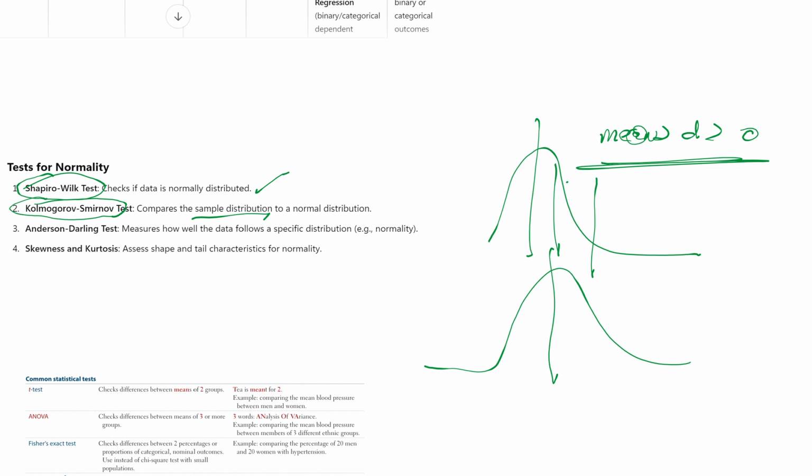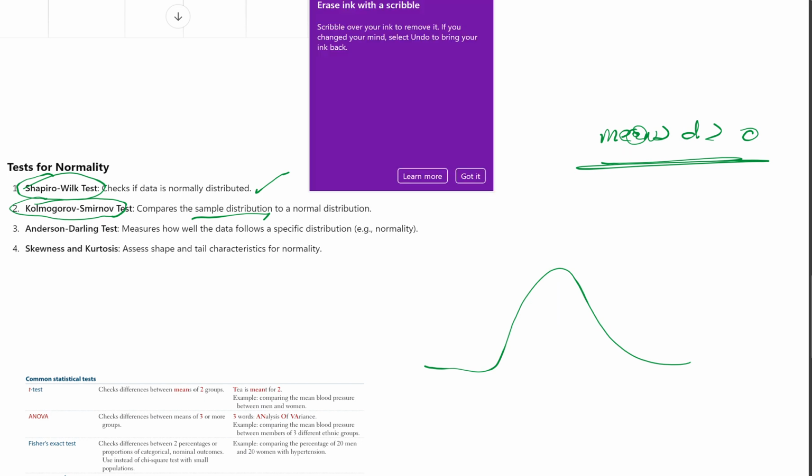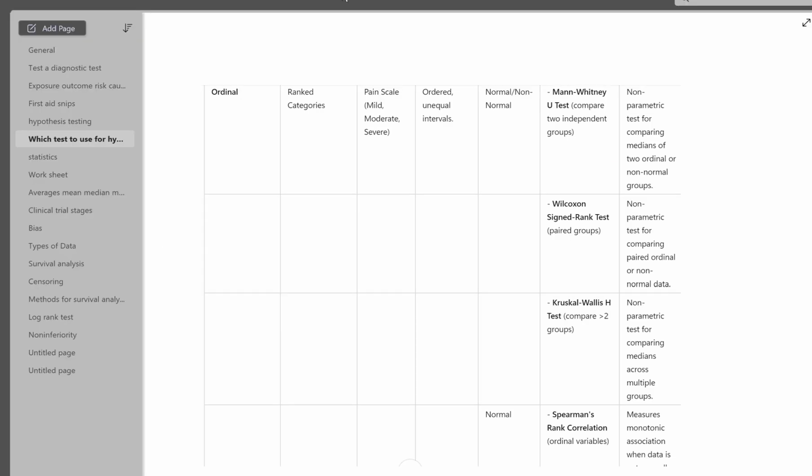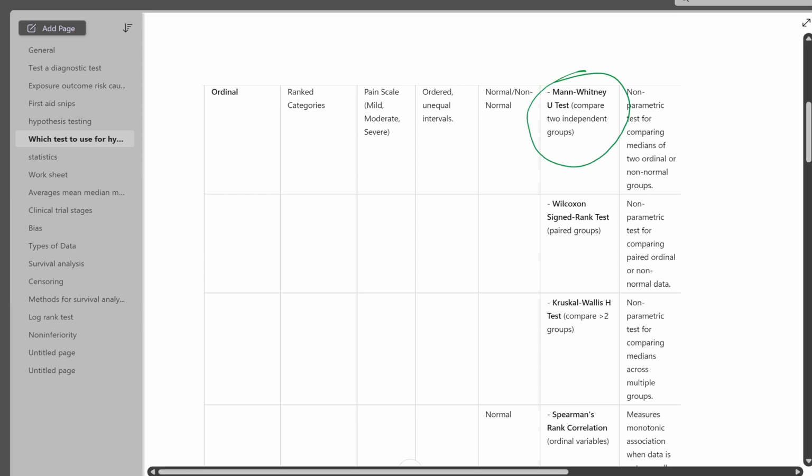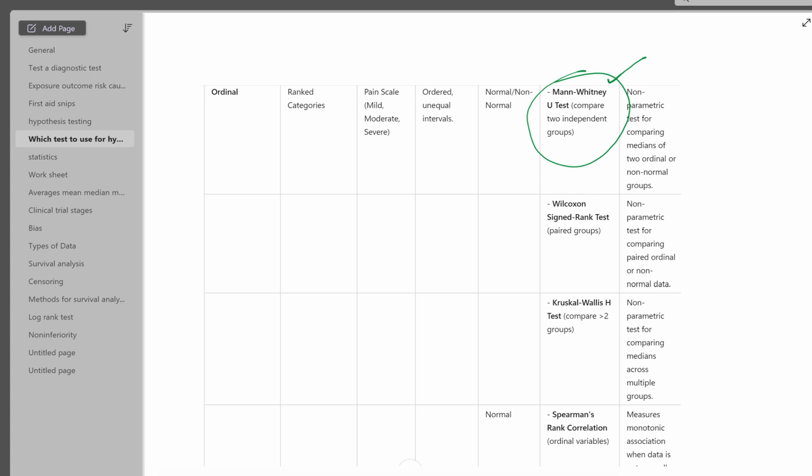Sorry, it would not look like that. If it is not a normal distribution of data, then the statistician would apply a Mann-Whitney U test. Now, what are these tests? These tests are usually to calculate p-value, sample size, and other statistical variables.